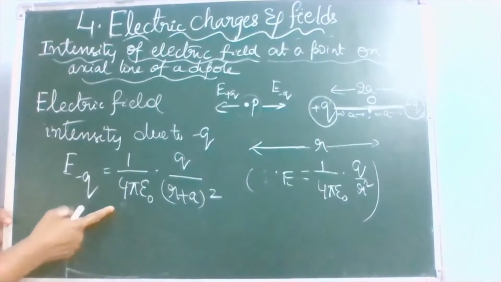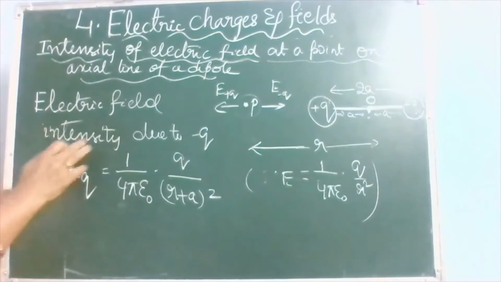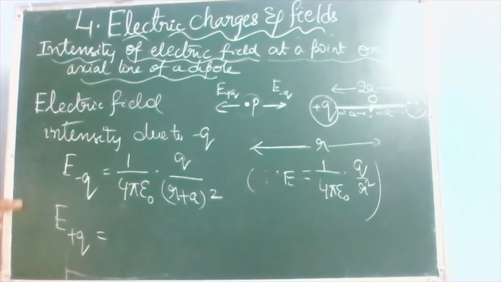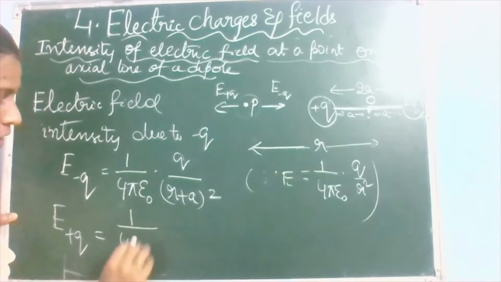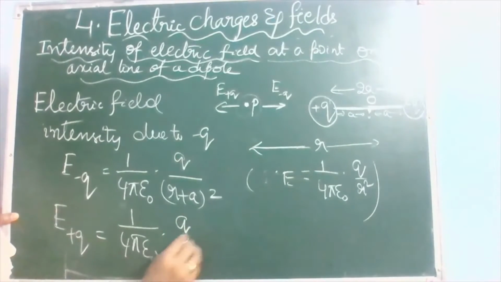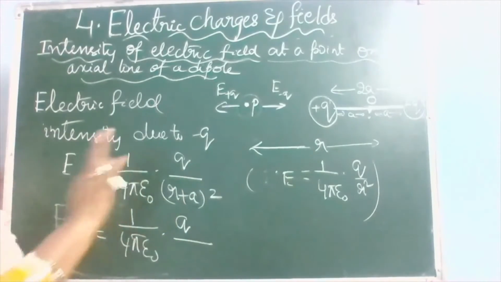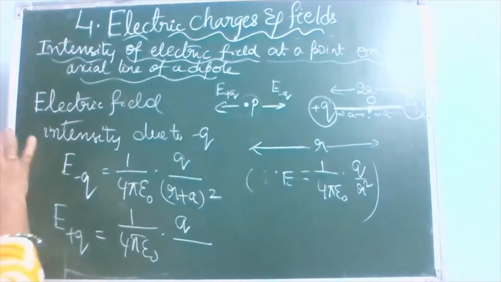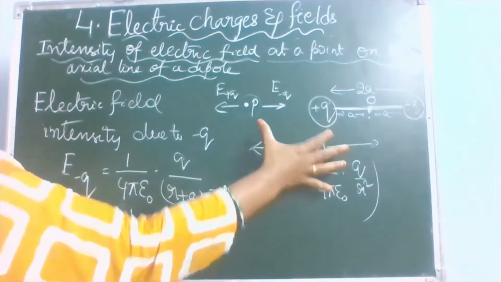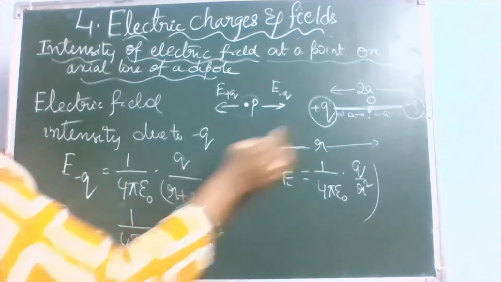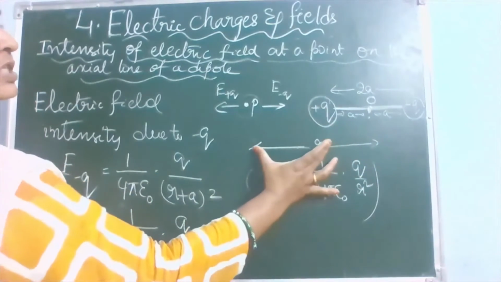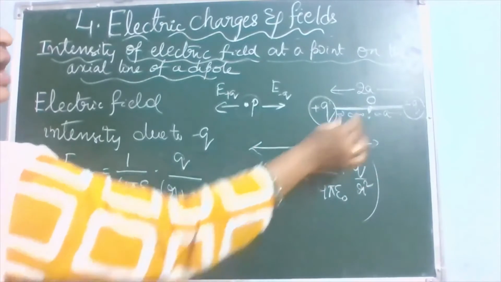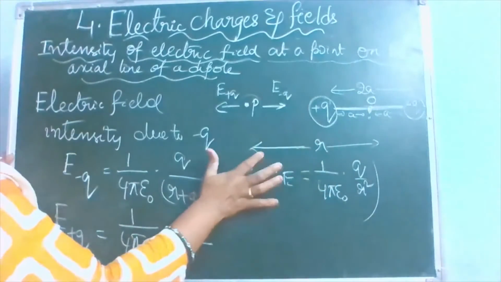And similarly, the electric field intensity due to plus q also we have to take. How much? 1 by 4 pi epsilon naught into q by the distance. Here plus q to P, this one is r, this one is a. So the distance between this one and this one is r minus a.